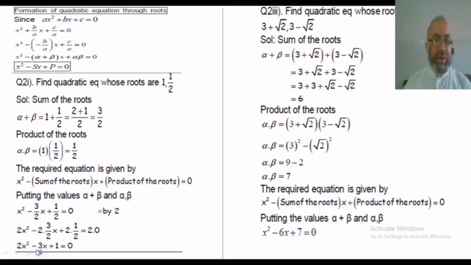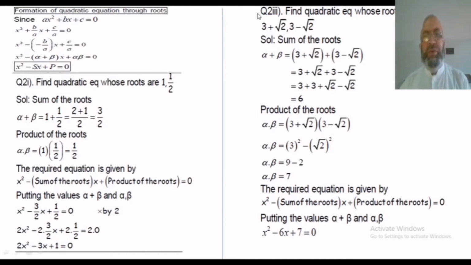So 2x square minus 3x plus 1 is equal to 0 is the required equation. Now we can check our result by solving this quadratic equation. If we solve this quadratic equation, we get again the roots 1 and 1 by 2. So in the formation of a quadratic equation, the roots are given and we have to find the quadratic equation. In the beginning, the quadratic equation was given and we were solving it.